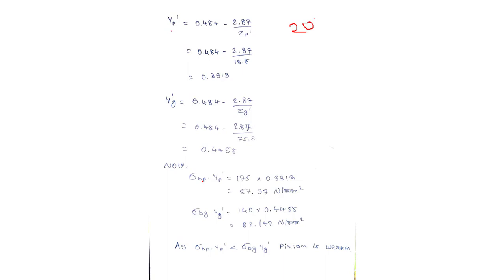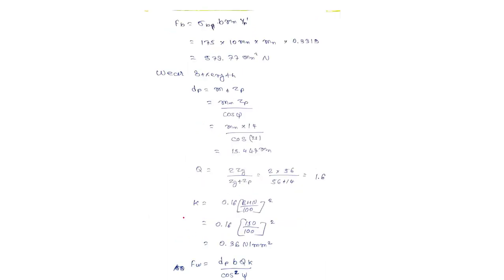Now multiplying both values, sigma b and y, we get for the pinion 57.97, and for the gear 62.147 Newton per mm square. From these both values we can say that the pinion is weaker than the gear. So for further calculation we will use the values of the pinion.